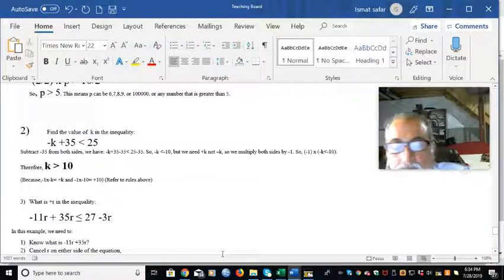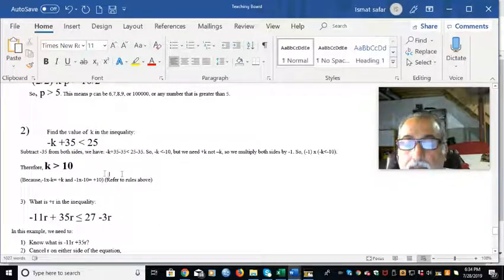Okay, let's explain it one more time. We have -k plus 35 less than 25. So let's subtract 35 from both sides. What we have left here is -k plus 35 minus 35, because we are subtracting 35 from both sides. Why 35?